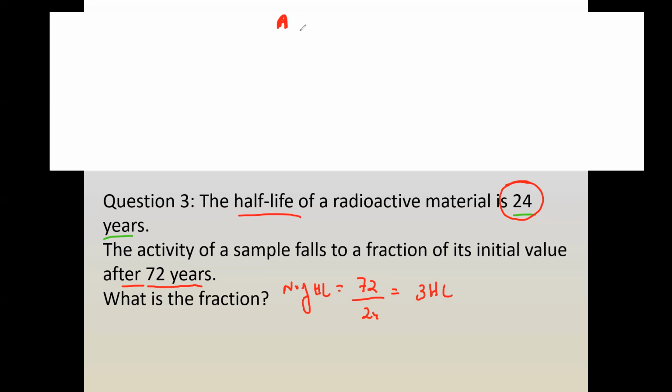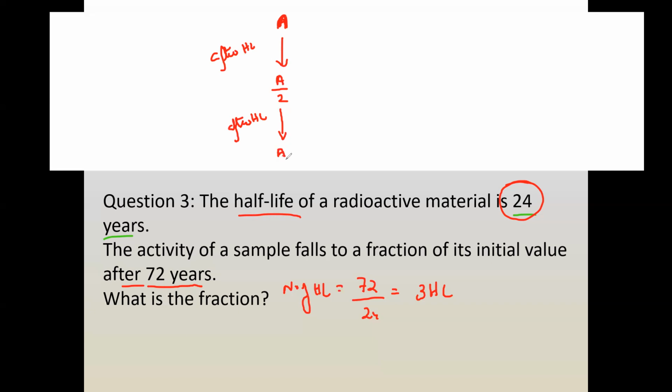If the original activity is A, after a half-life, what will be the activity? The activity will be A by 2, because after every half-life the activity decreases. Then after another half-life, what will be the activity?